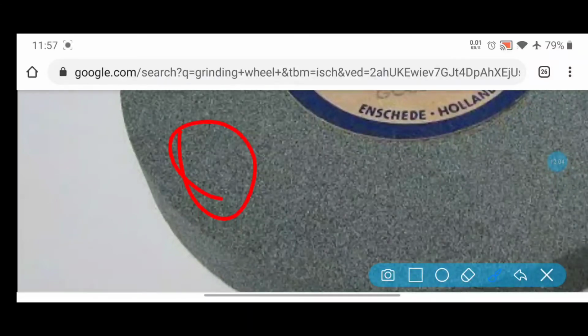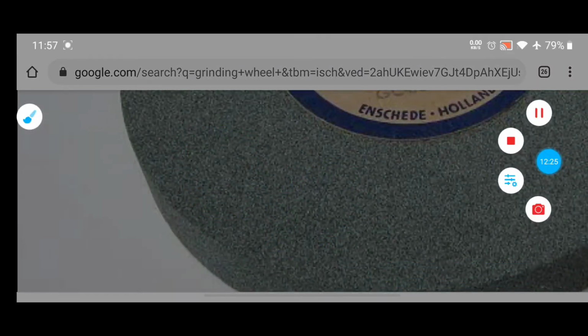So the bonding in the grinding wheel will be removed, and it will not have the bonding process because of the material filled in these pores. Because of that, the grinding wheel might wear out. That is what is called glazing.